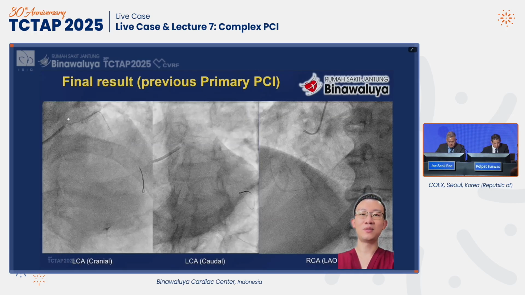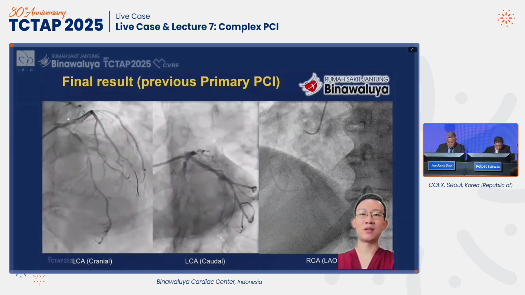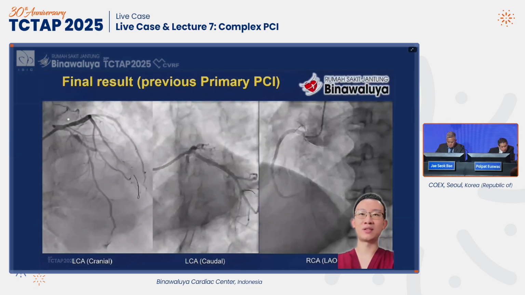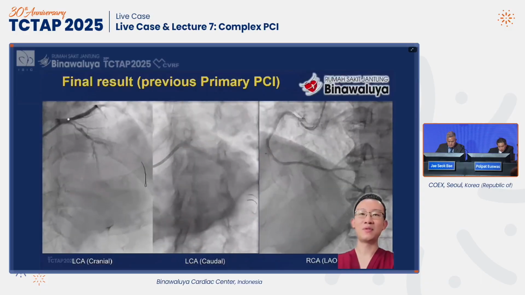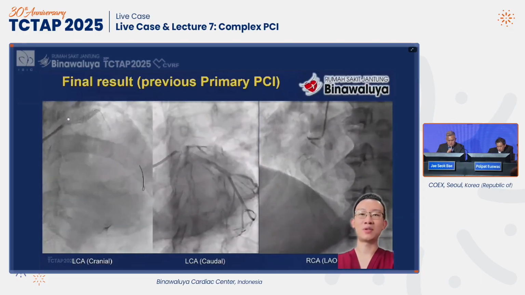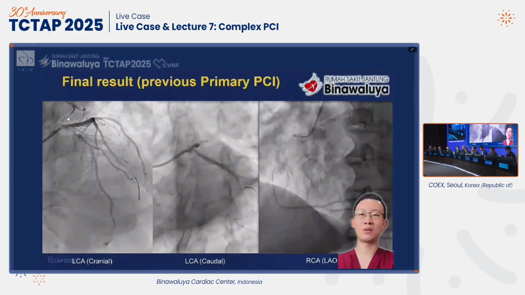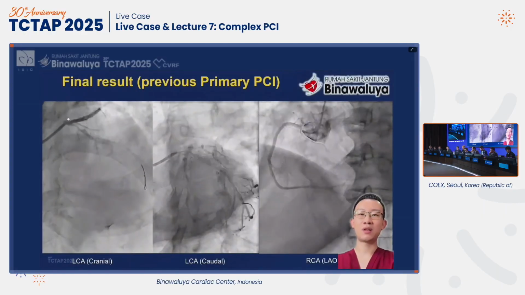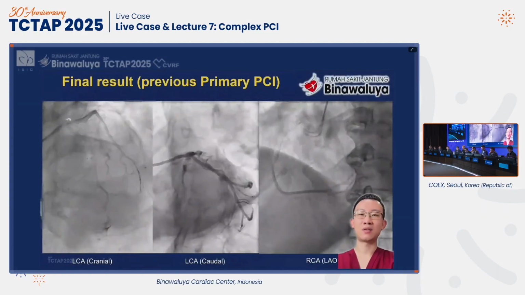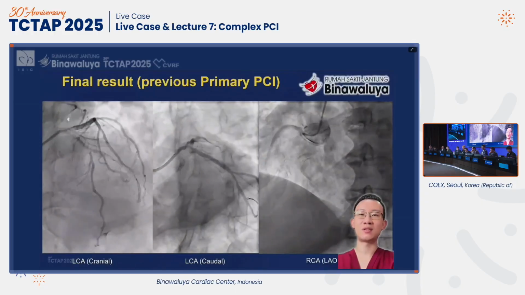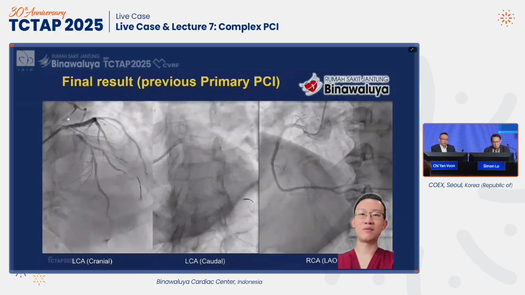Now turning to the angiogram, we can appreciate that the left main shows non-significant stenosis. The LAD exhibits diffuse 70 to 80% stenosis from the ostium to the bifurcation at the mid-segment, Medina 111, with myocardial bridging in the distal part. The circumflex ostium has a moderate stenosis. The RCA shows a non-significant lesion.